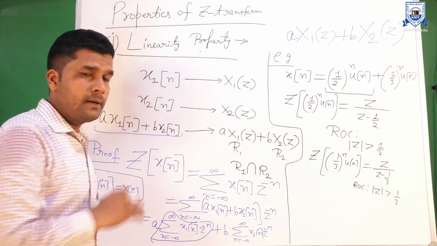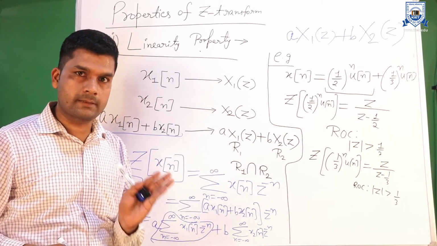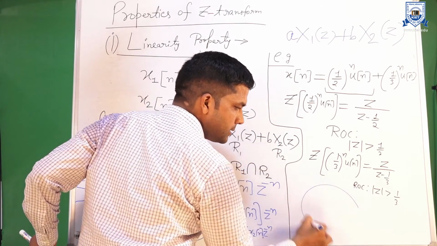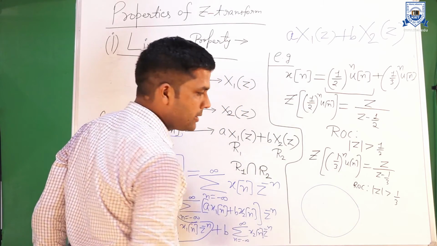Can we calculate the intersection of these ROCs? Yes, we can. The ROCs are mod z greater than 1/2 and mod z greater than 1/3.